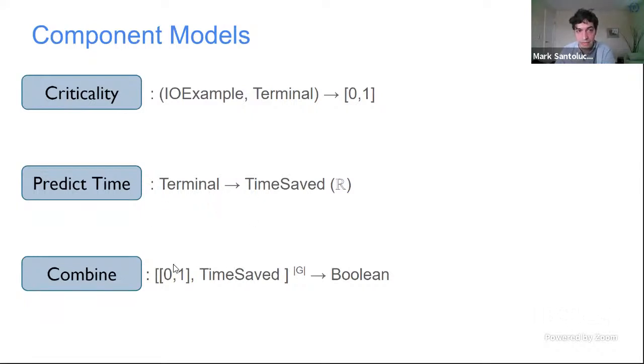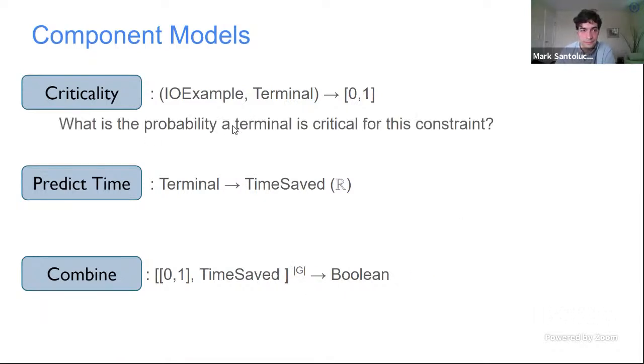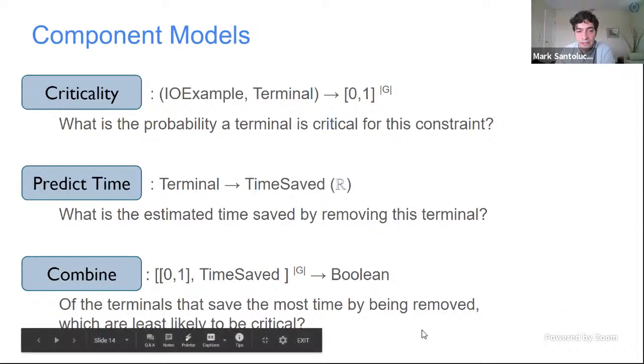And then to combine these, we're going to take our prediction for the probability of criticality and then the time saved over the size of the grammar and filter out our grammars. So three main questions are, what's the probability a terminal is critical for this particular constraint? What's the estimated time saved by removing this particular terminal? And then we finally ask, of the terminals that save the most time by being removed, which are the least likely to be critical?